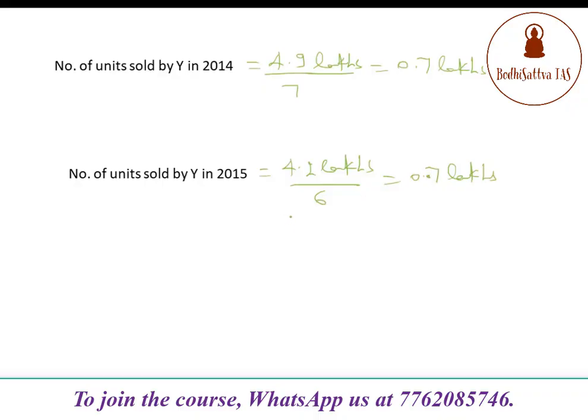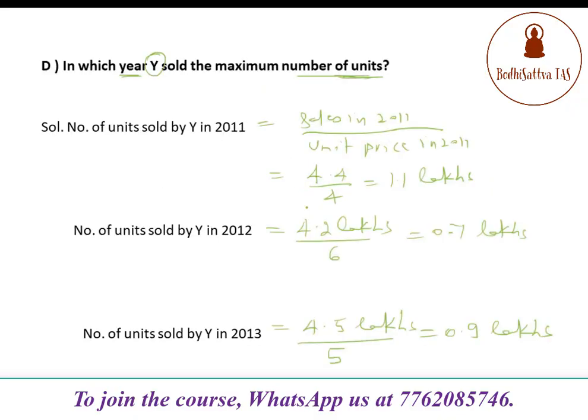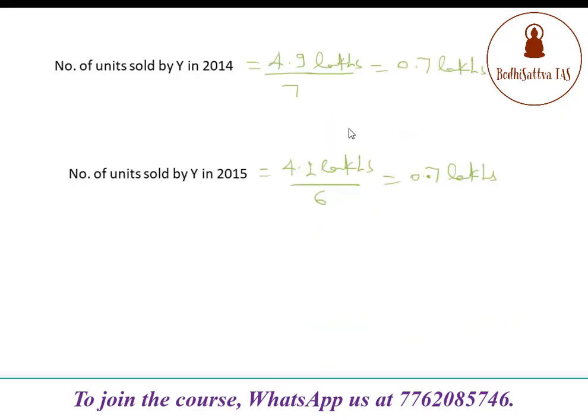Now we have to find out in which year Y sold the maximum number of units. If we compare, 1.1 lakh units was sold in 2011, 0.7 lakhs in 2012, 0.9 lakhs in 2013, 0.7 lakhs in 2014 and 0.7 lakhs in 2015.